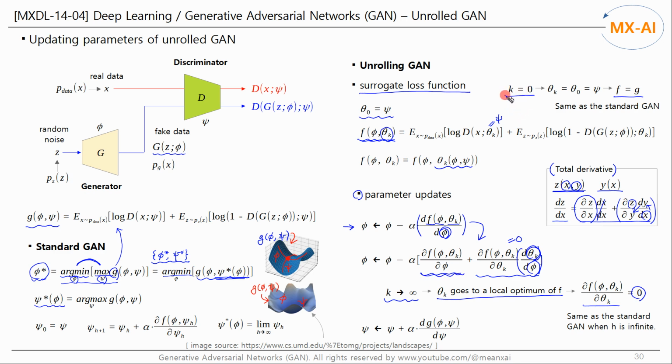That is, it becomes a standard GAN, both when k is 0 and when k is infinity. Between these two extremes, the surrogate loss F captures additional information about the response of the discriminator to changes in the generator. The discriminator is updated via gradient descent using the loss G in exactly the same way as a standard GAN.